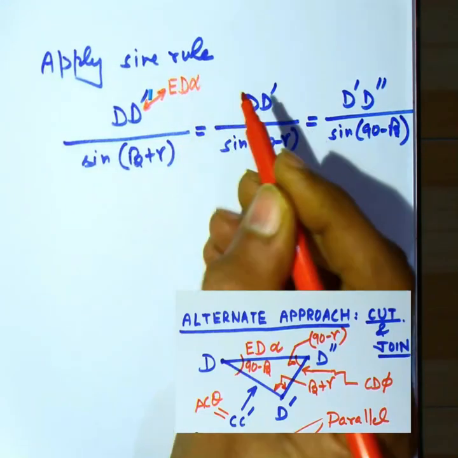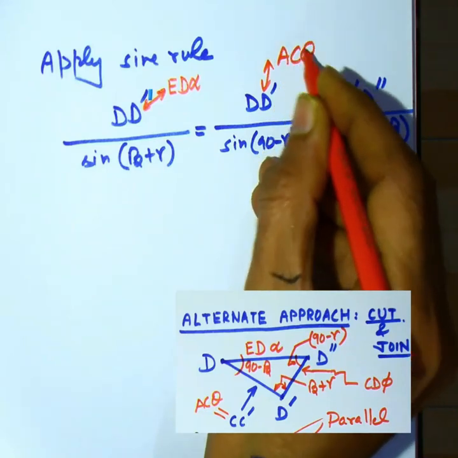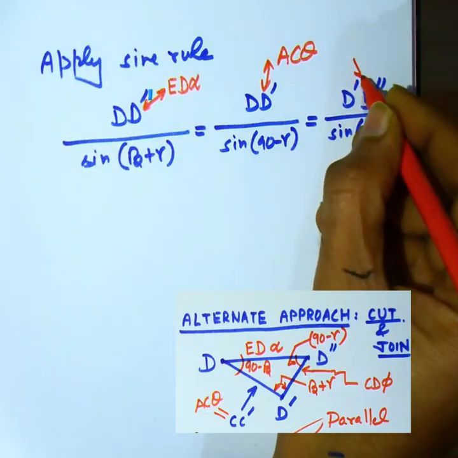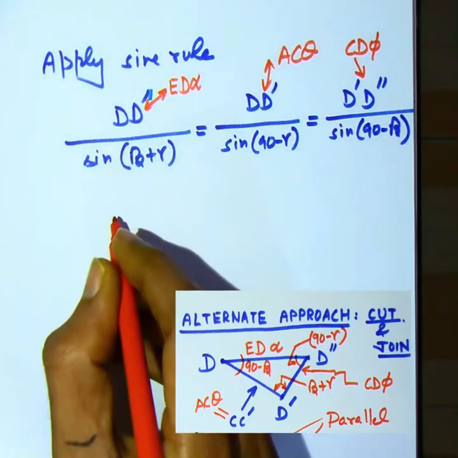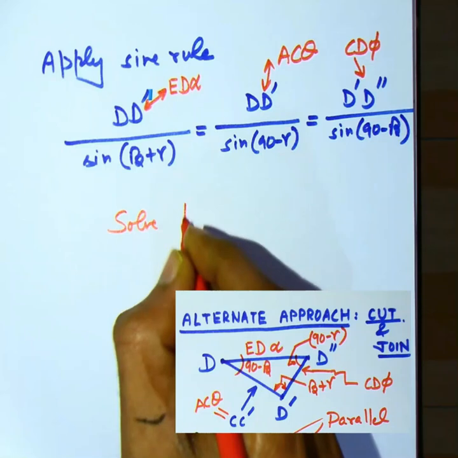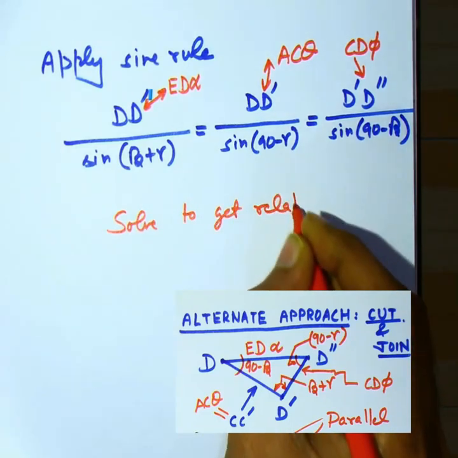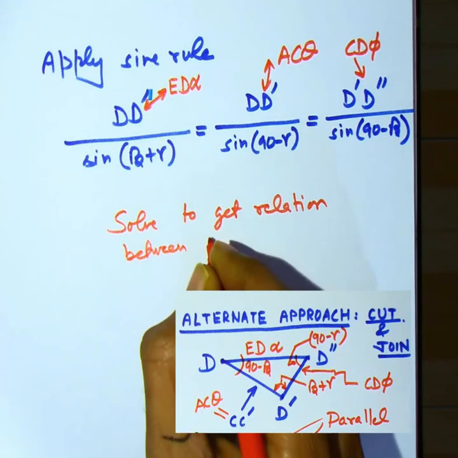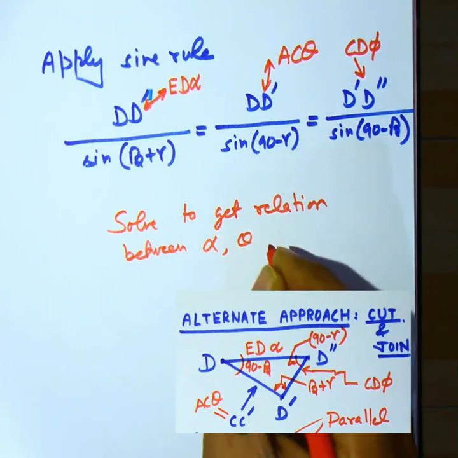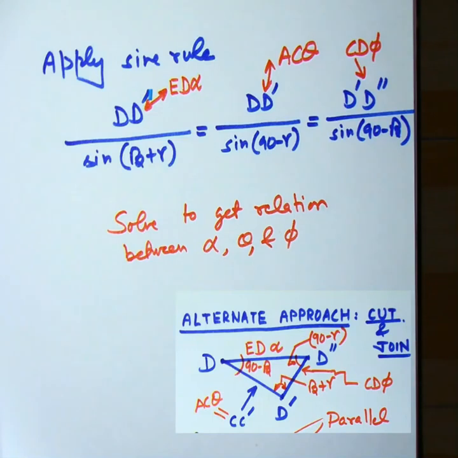We can then substitute the values of these displacements, such as D D double dash, DD dash and D dash D double dash, in terms of the angles alpha, theta and phi, and we already have the relationship between these angles. So we can solve the equation of virtual work, and based on that we can find out the ultimate load for this particular mechanism. So this is the alternate method.